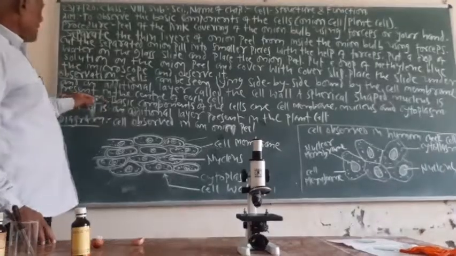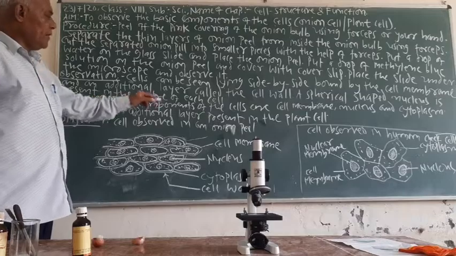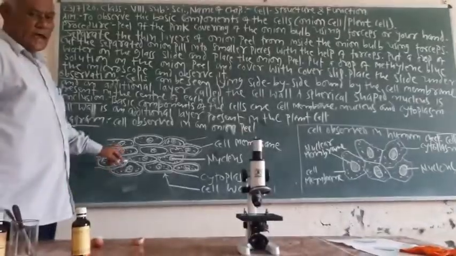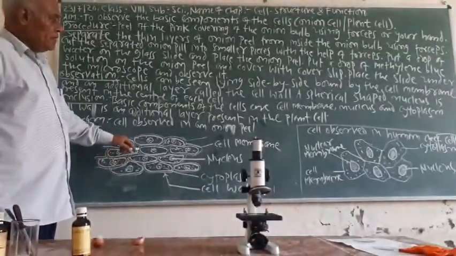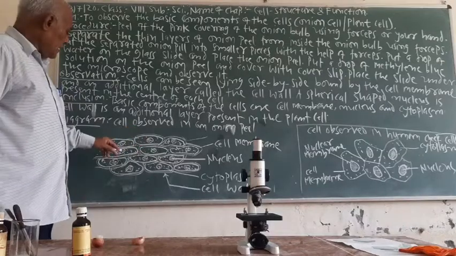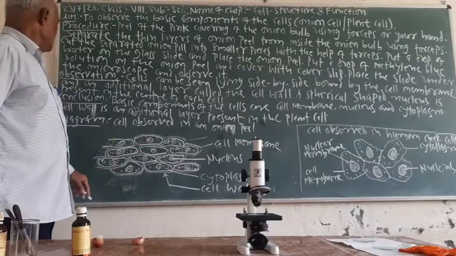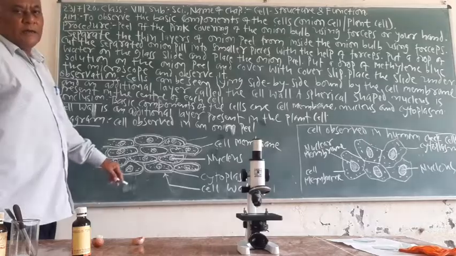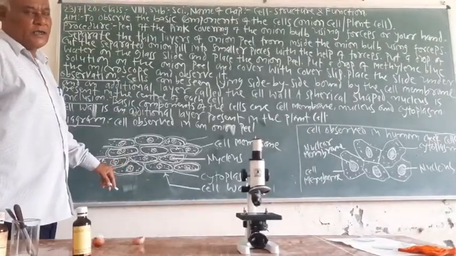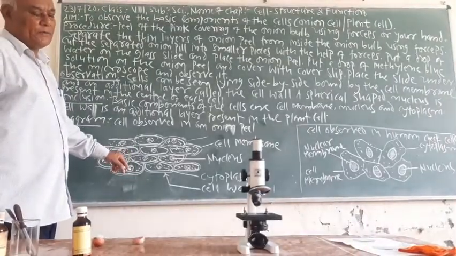So what are the conclusions? The basic components of the cell, cell membrane, nucleus and cytoplasm, are there in the onion cell. These are the basic components of a cell.